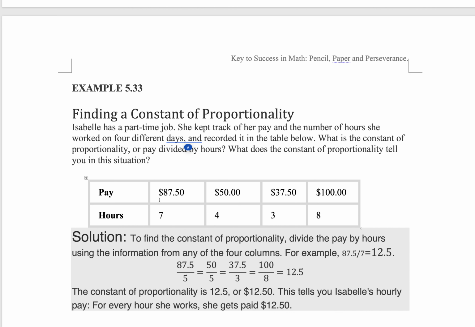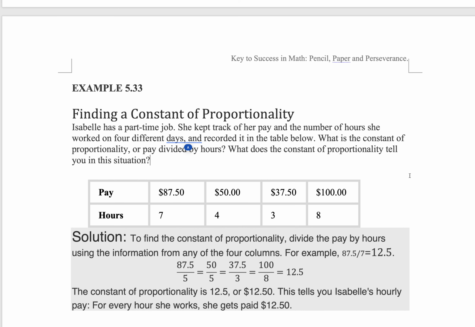This is a list of the amounts she got paid. When she works 7 hours, she gets $87.50. When she works 4 hours, she gets exactly $50. 3 hours, 8 hours, these are the amounts she made.